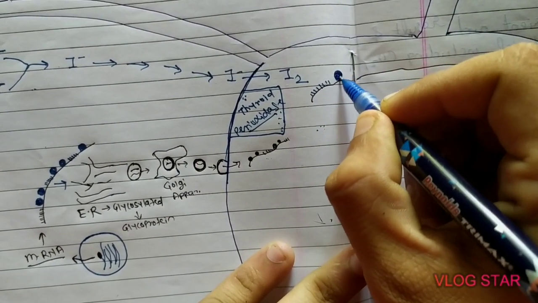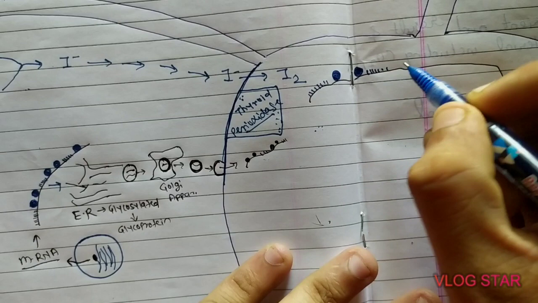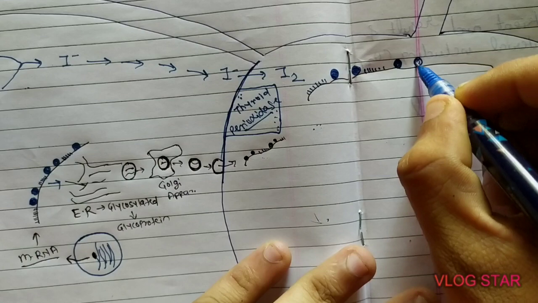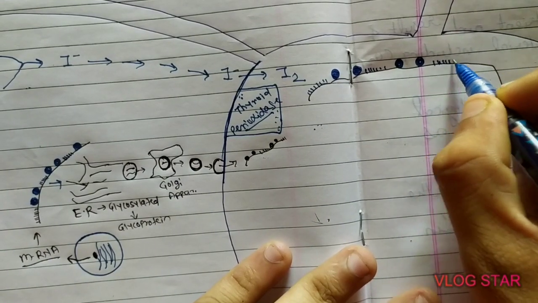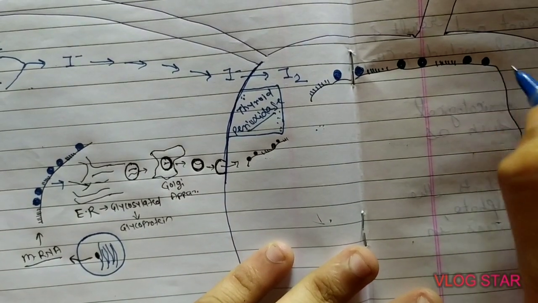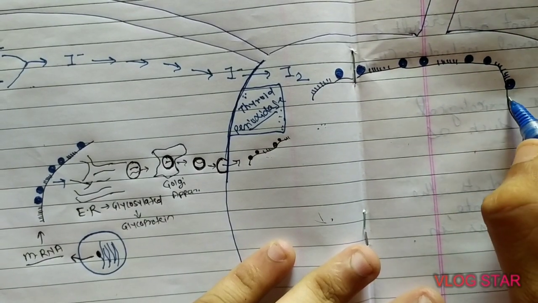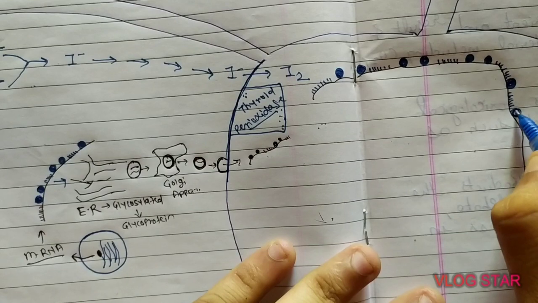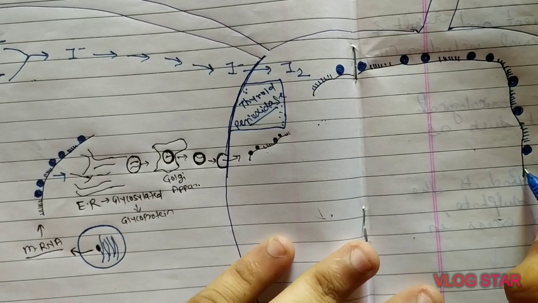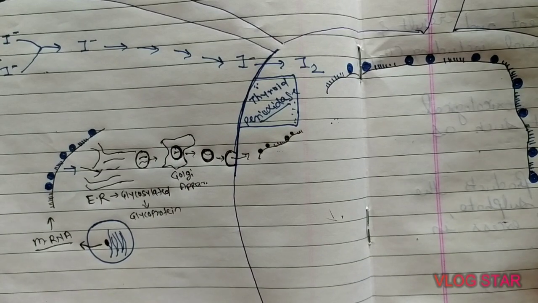Again there is a tyrosine molecule, again amino acids, again a tyrosine molecule, again amino acids, again a tyrosine molecule, and a final tyrosine molecule. So this is the big thyroglobulin molecule.